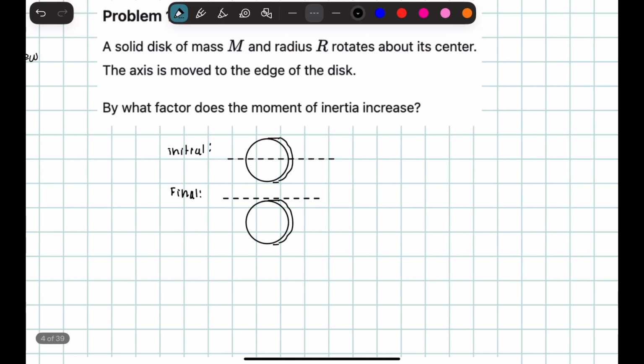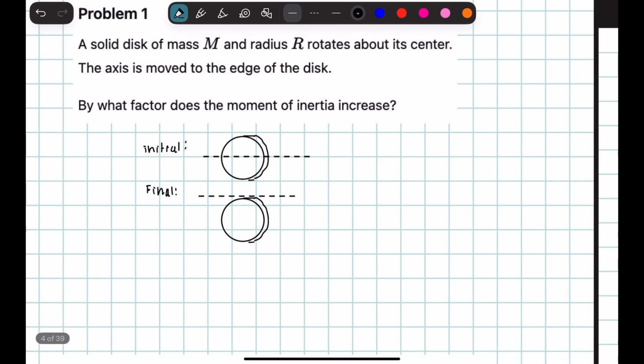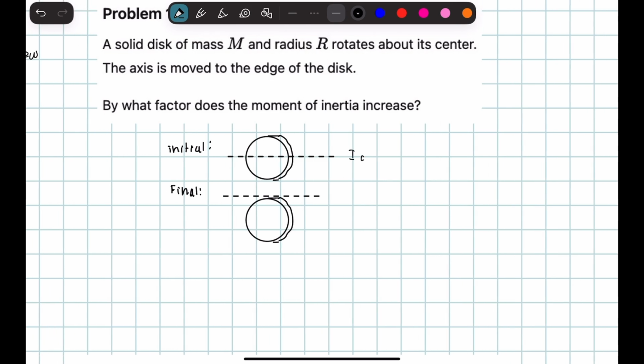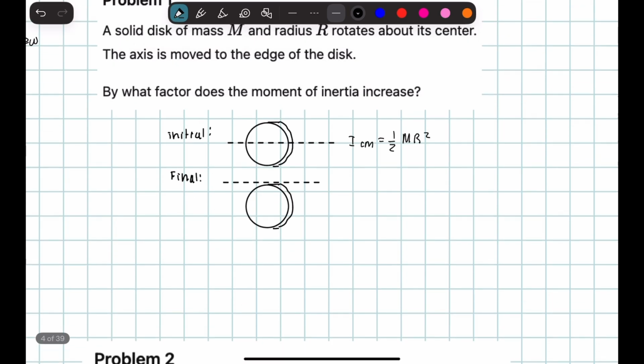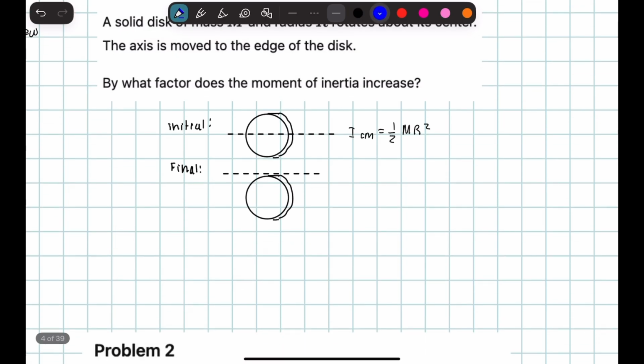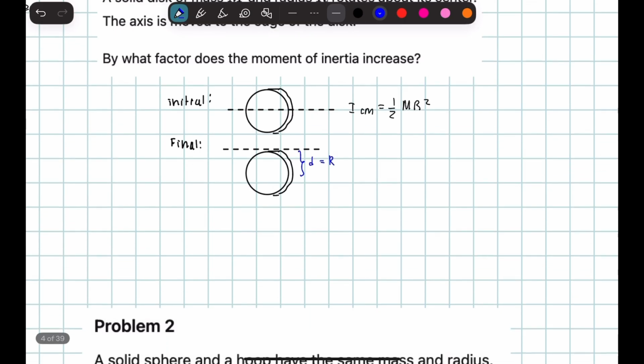So we know that around its center, I center of mass is going to equal 1/2 mr squared. But then the distance to the new axis, we're just going to set equal to r.